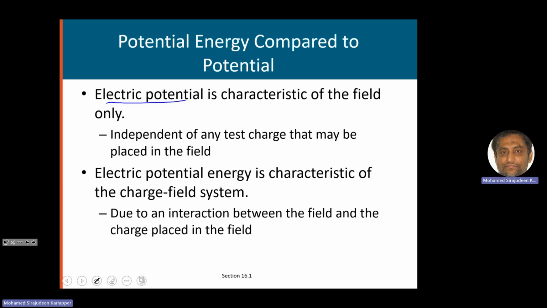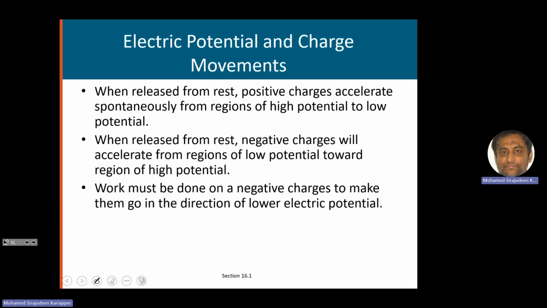The same relationship you have between the force and electric field, we have between electric potential energy and the electric potential. Electric potential energy, on the other hand, is a characteristic of the charge and the field system, the interaction between the field and the charge placed in the field.